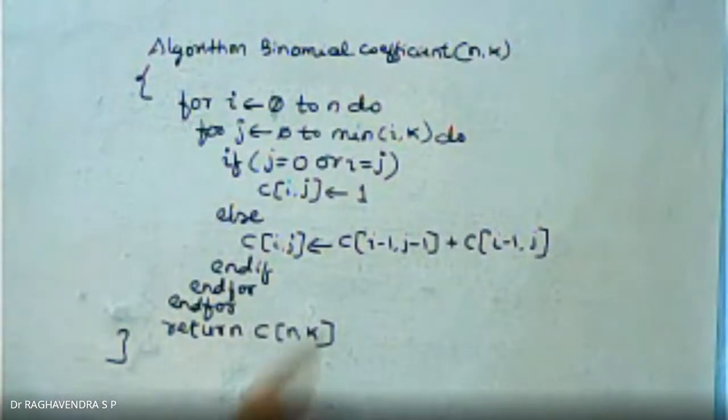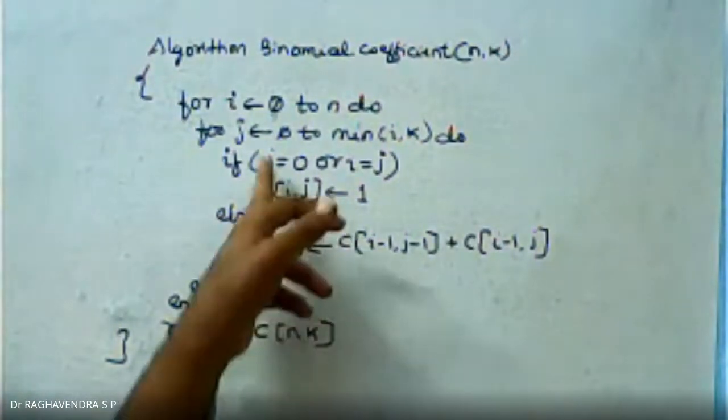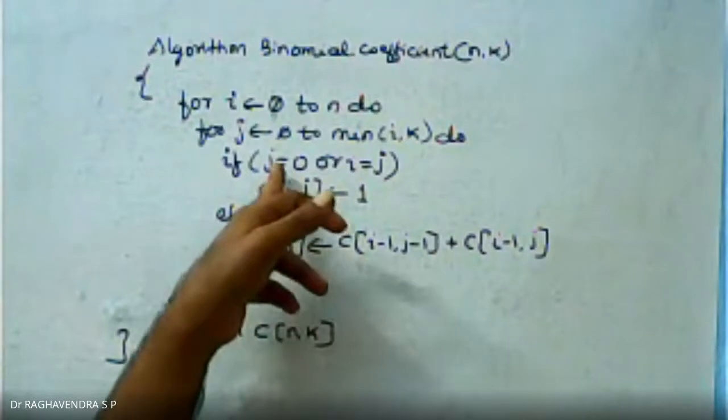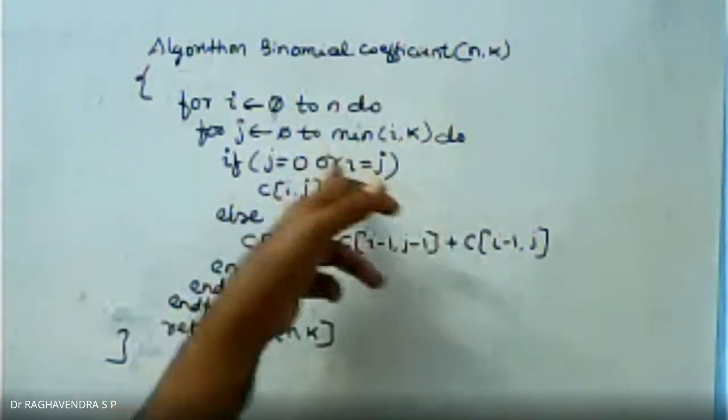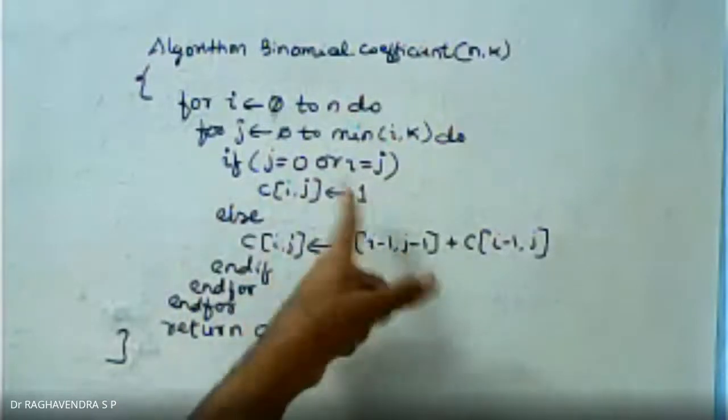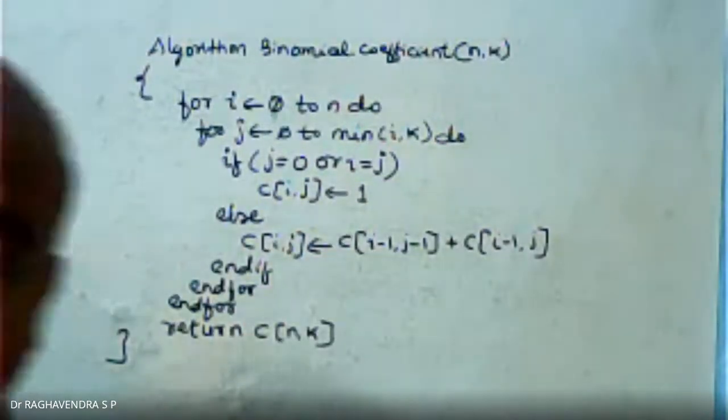You can notice that in c of n comma k, if j equals 0 means k equals 0, and i equals j means n equals k, then the value becomes 1, because yesterday I gave the relationship.